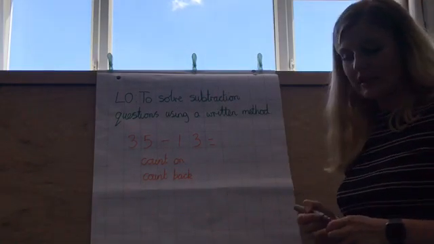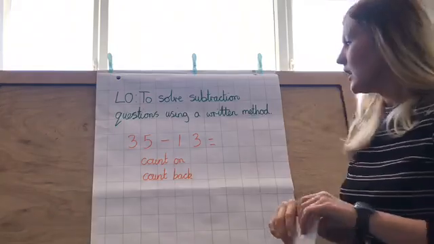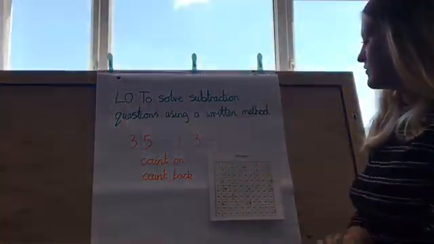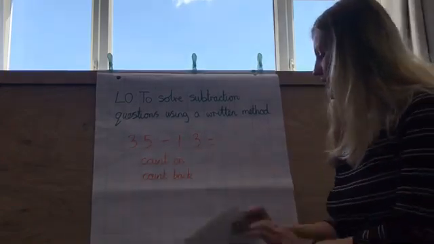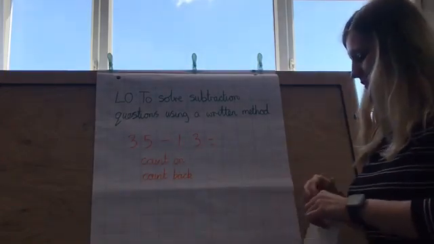Now we could use lots of things to do this. We could use a number line, but today I've got a 100 square and we're going to use this to help us solve this question if it sticks onto the board.